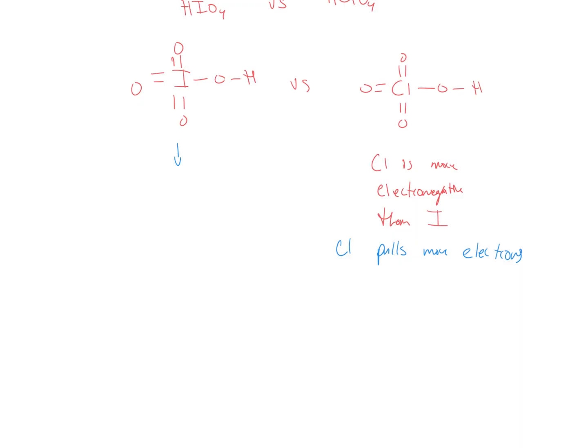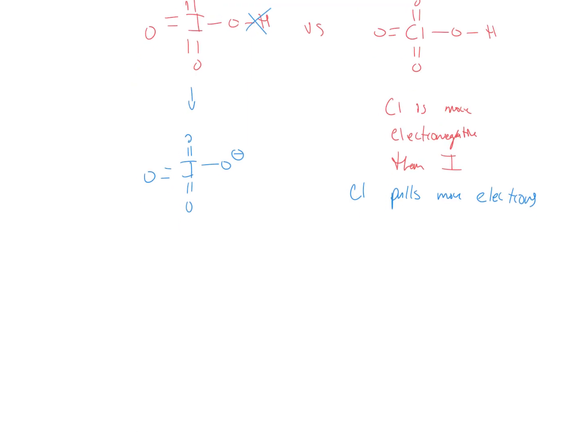Essentially, in the conjugate base, all you do is you just remove that. So the conjugate base of this is, and the conjugate base of the chlorine is the same thing. It's just you have chlorine instead. So now what's happening here is that my chlorine really wants to pull those extra electrons that are on the oxygen, where my iodine, my I, really doesn't want to that much. And so because of that, this is more stable.